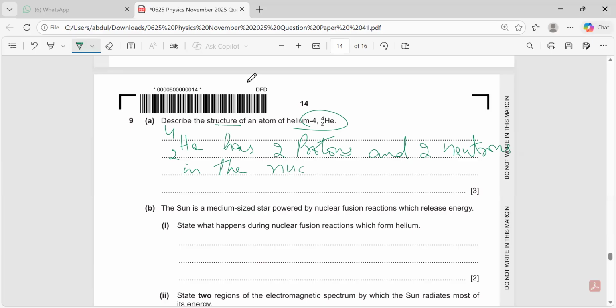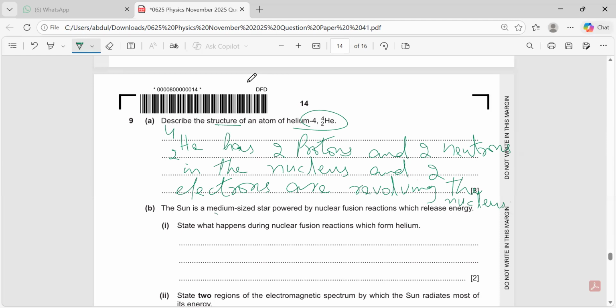We have to tell where they are. And 2 electrons are revolving around the nucleus.